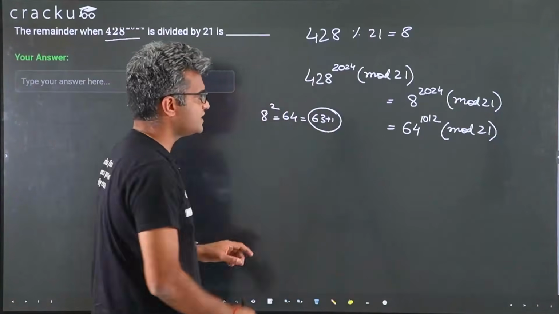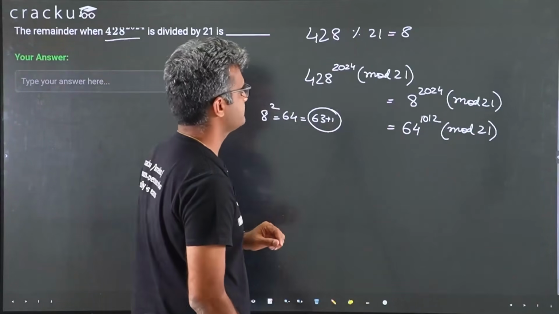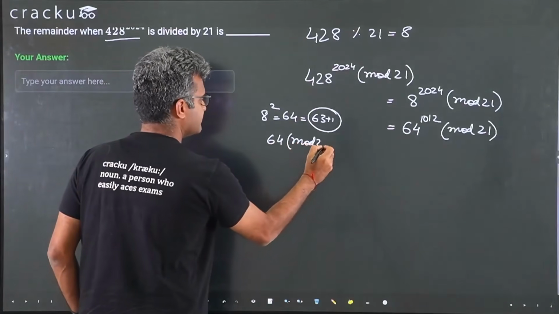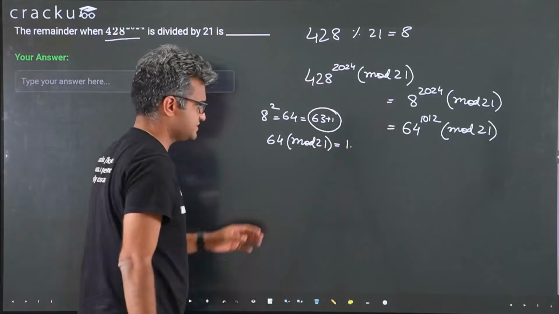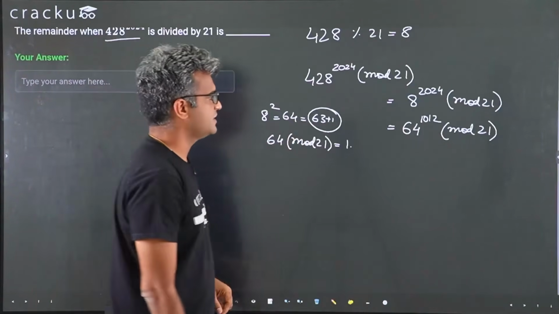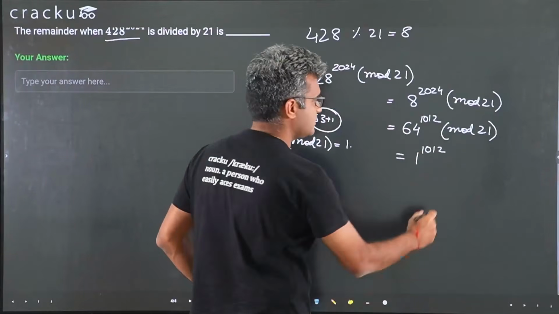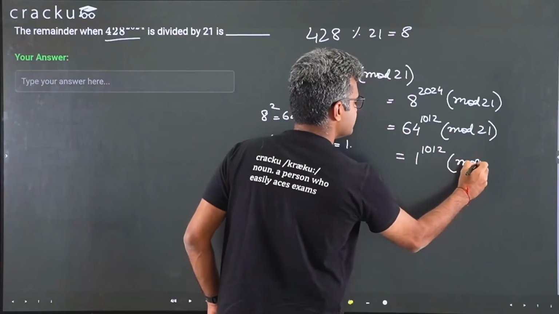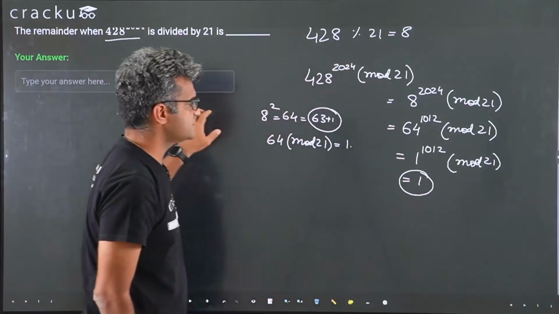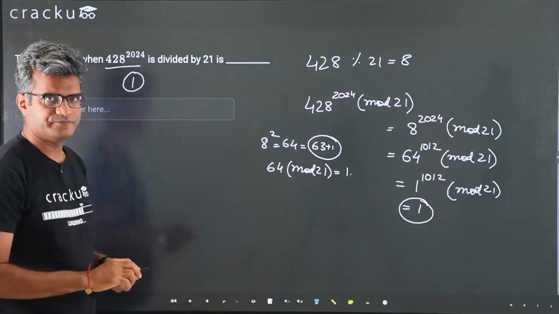Now 64 leaves a remainder of 1 when divided by 21, because 64 is 63 plus 1, and 63 is 21 into 3. So this will leave a remainder of 1 to the power 1012 mod 21, which, as we all know, is equal to 1. So the answer for this particular question is that the remainder is equal to 1.